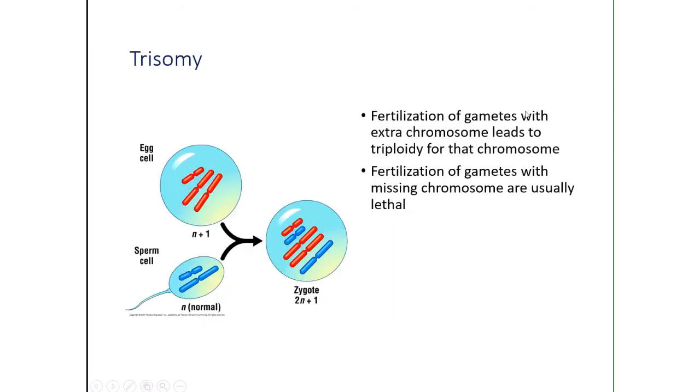And that could be a problem because if you fertilize an egg cell that has an extra chromosome, for example, then the zygote is going to have 2n plus 1, right?